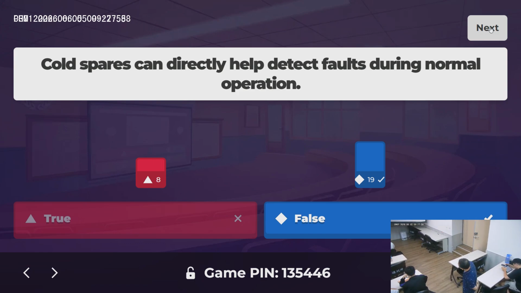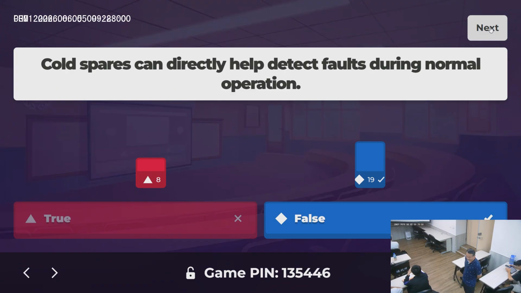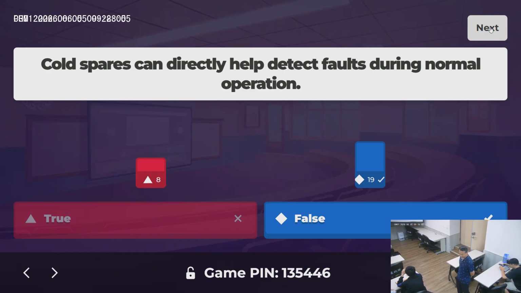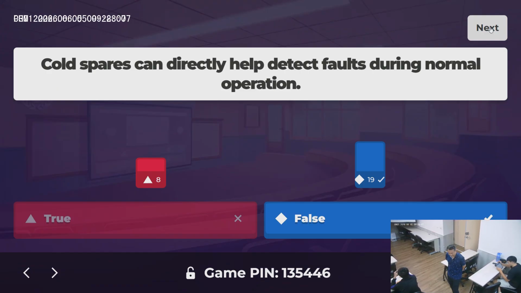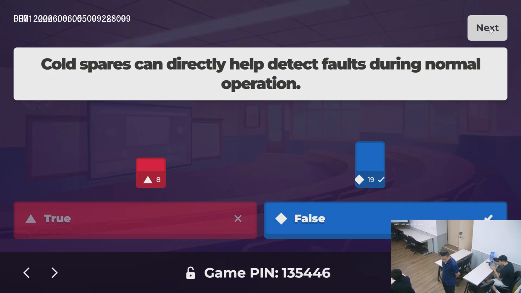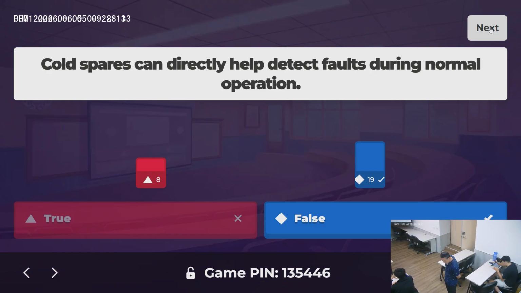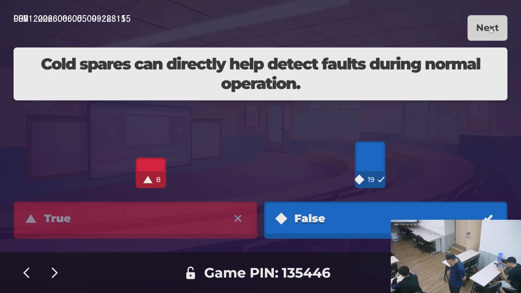In normal operation, the cold spare cannot be helpful, because the cold spare is at rest and doesn't work, and you need extra time to power it on or initialize it.